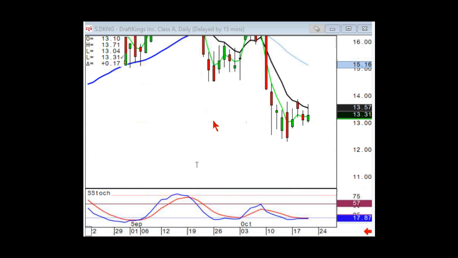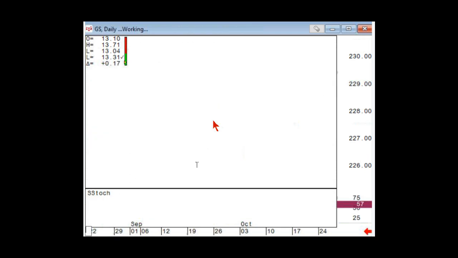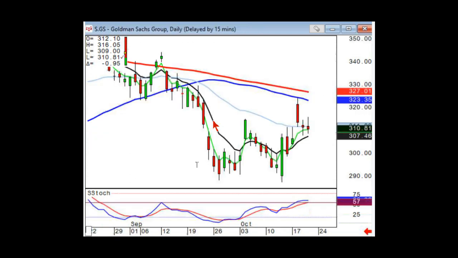Goldman. Whoops, that's General Dynamics. Whoops. Goldman. If you're long on this one, notice where it failed when it gapped up and just hit the 50.